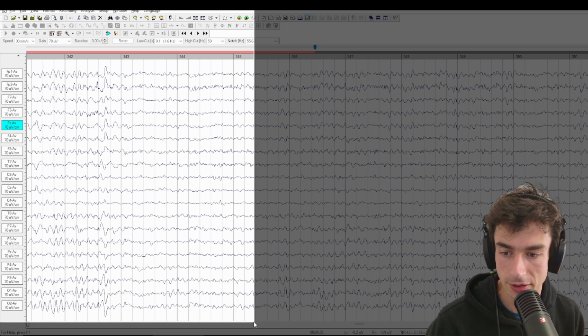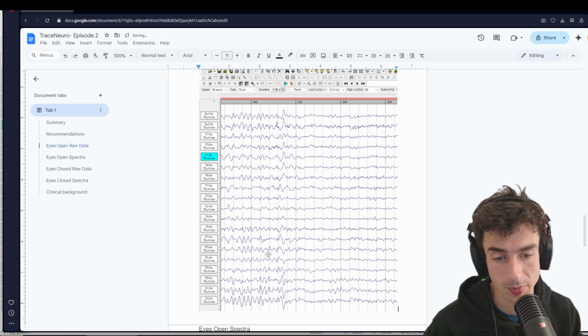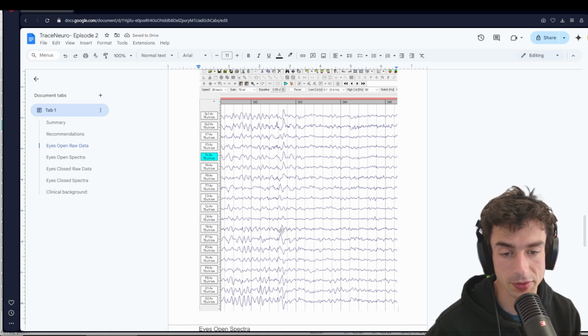Here's an instance of what looks like something of a sharp wave from front to back. And whether that is clinically significant is hard to tell.